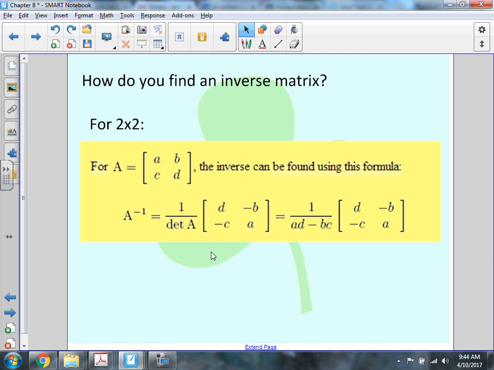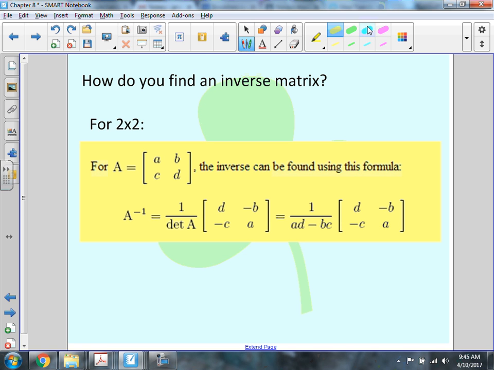Okay, we learned how to find determinants in the past 2 sections, times D, A. So notice these 2 elements were switched, times, and then the opposite of B, the opposite of C. So the main diagonal was switched, the opposite diagonal was negated. And that is the equation for the inverse.